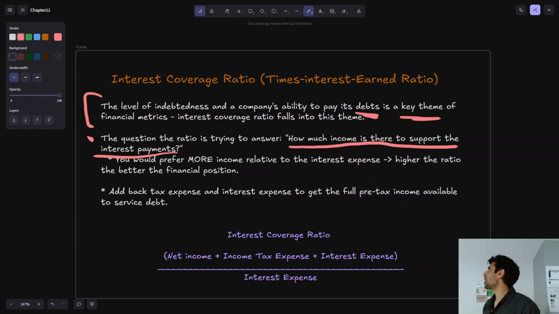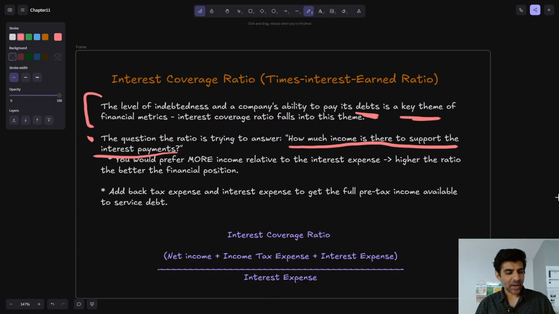Who is the better person that you're going to lend to, given that each have $10,000 in debt? It's obvious, right? Hopefully, yes. The person who earns more, there's going to be more coverage of the debt, right? They're earning a lot more. They're much more able to service the debt if you're earning more. Okay, so that's what this ratio is trying to figure out.